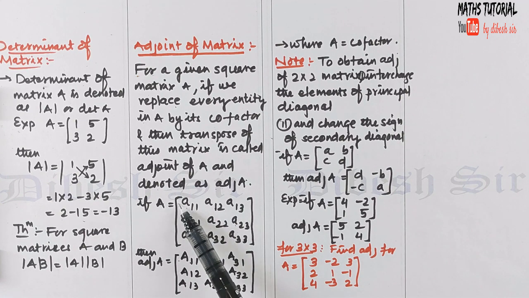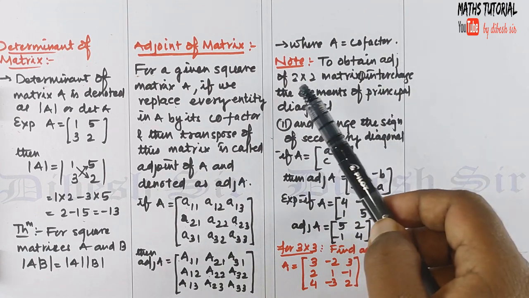But their transpose means row changes to column, that is capital A11, capital A21, capital A31 in the first row, then capital A12, capital A22, capital A32, then capital A13, capital A23, capital A33. Then that matrix is called adjoint A.